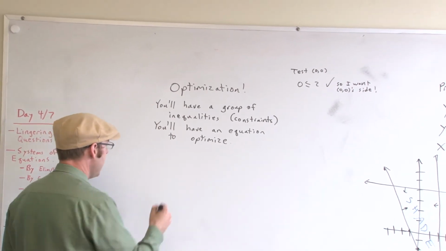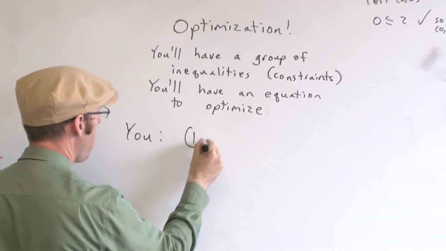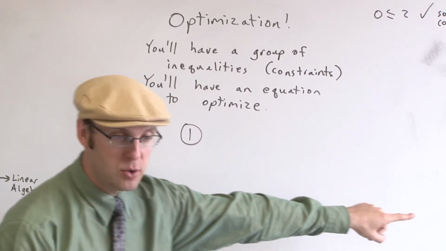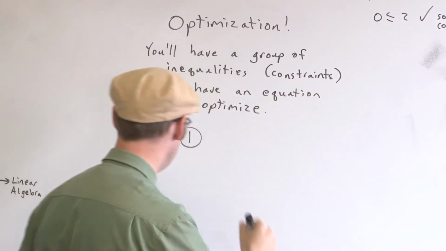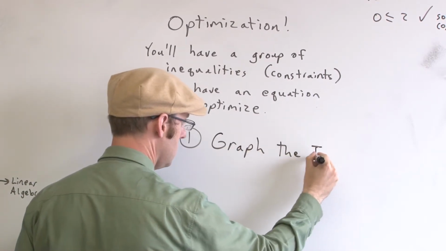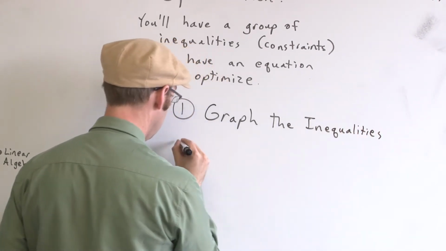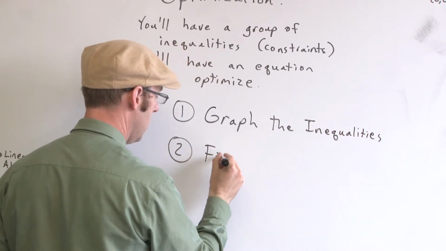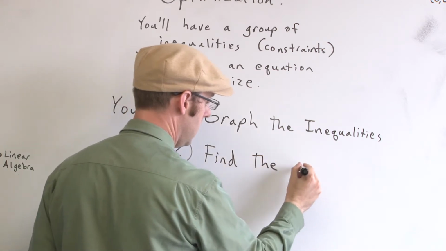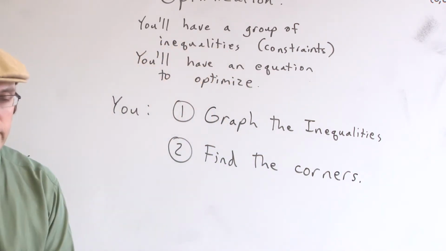So your course of action is 1, to graph the system of inequalities, just like we did here. And then 2, find the corners.